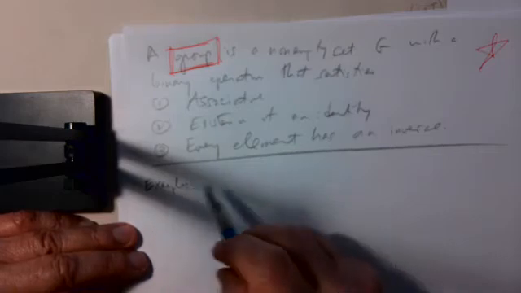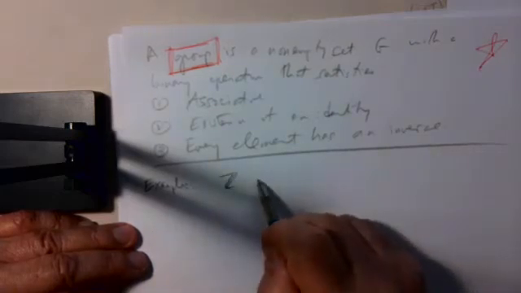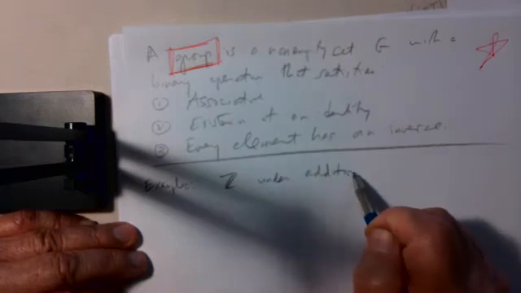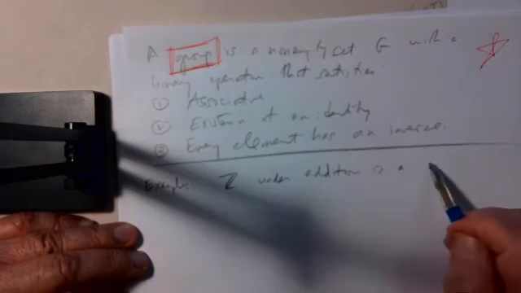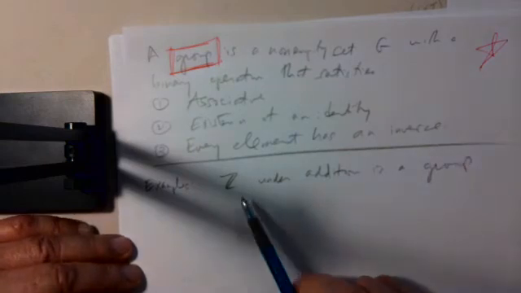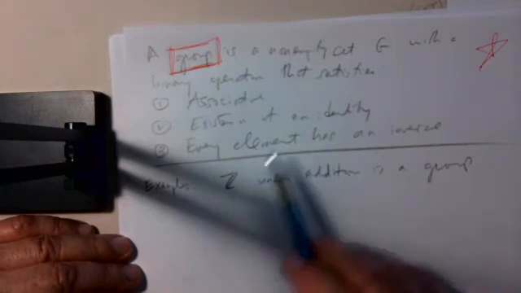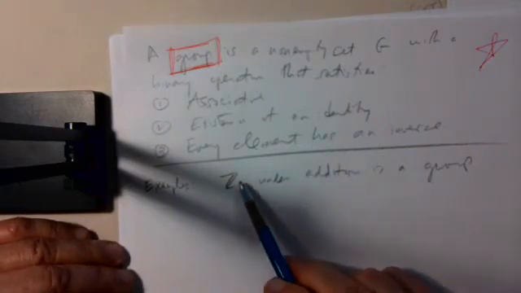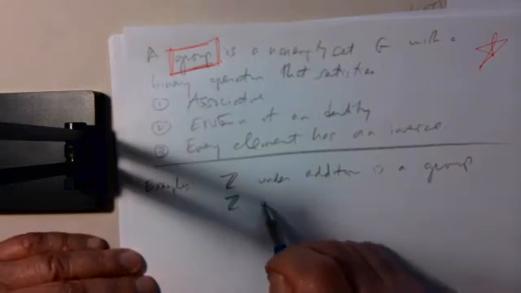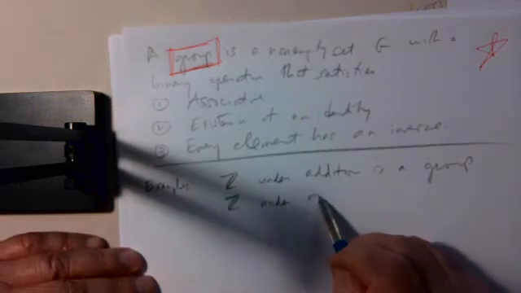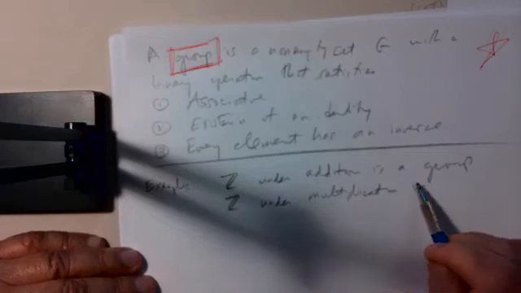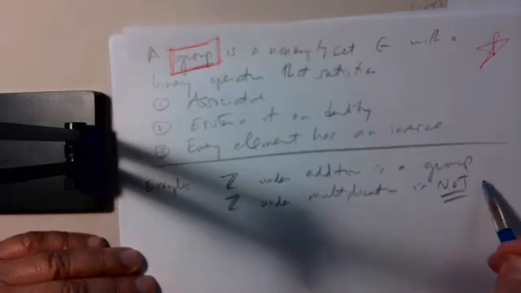What are some examples? Well, Z under addition is a group. Addition's associative, 0 is the identity, and the inverse of n is minus n. Z under multiplication is not a group.